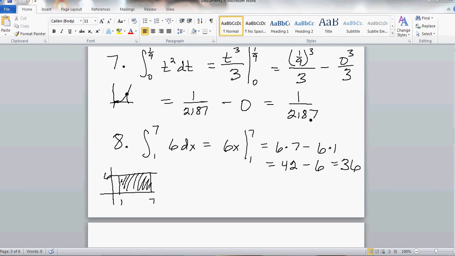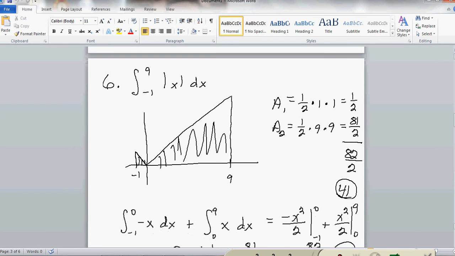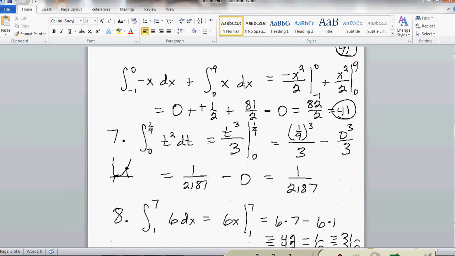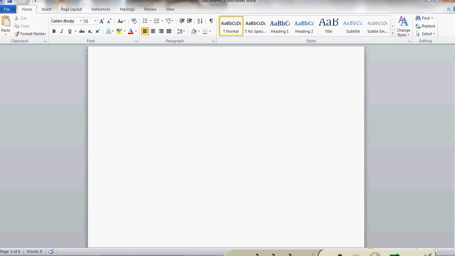Here, you know, it's reasonable. We're on number 8, we're not absolutely 100% sure that's the answer, but it certainly is reasonable. Once again, I say that so that you realize this is a huge use of integration to find the area between a curve and the x-axis.